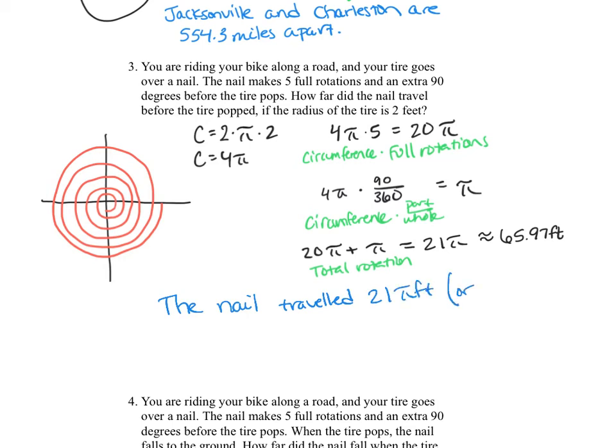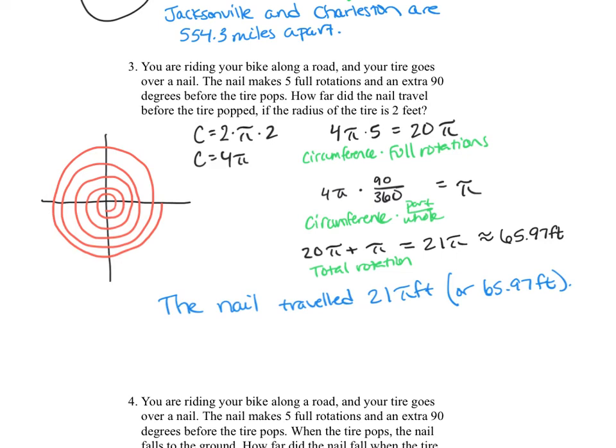So if you write 65.97 feet, that works for me too. We're still using the circumference times part over the whole, but this one just had a little bit extra to it, right? So we really have to think in the context of the story, what does this mean?